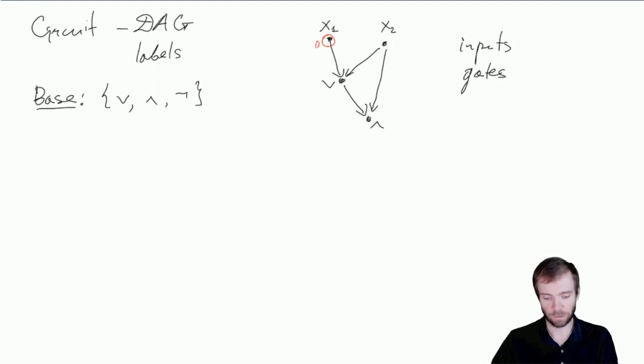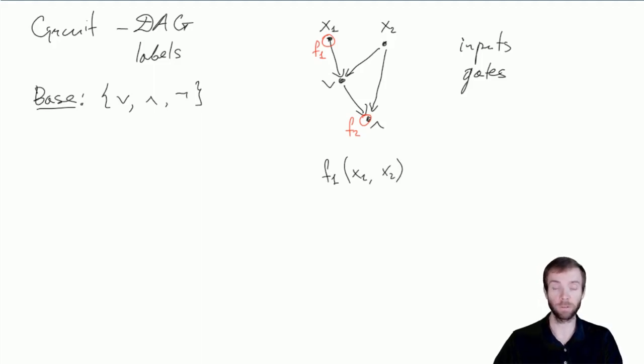So for instance, if this node is labeled as output, say F1, and this node is labeled also as an output, then we have two outputs in our circuit. The first output, if we treat this output as a Boolean function of the inputs of the circuit, is just equal to x1. This is, by the way, called a projection function because it takes a tuple of values and it outputs only one component of this tuple.